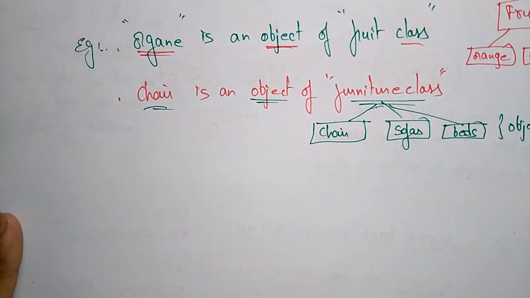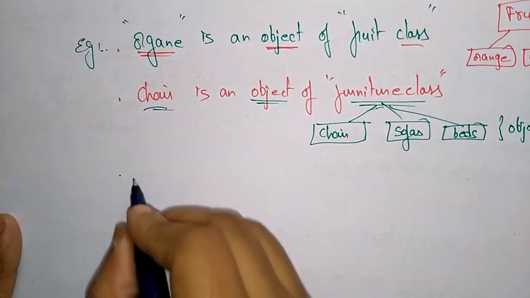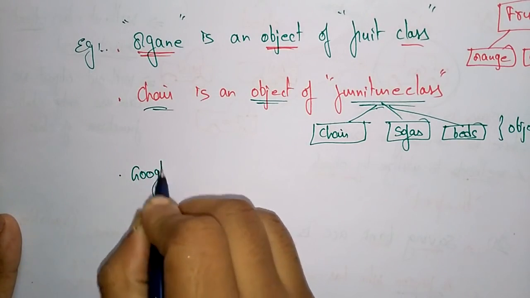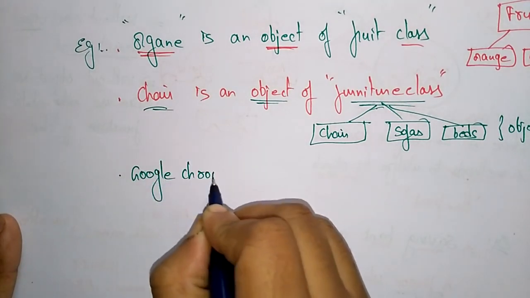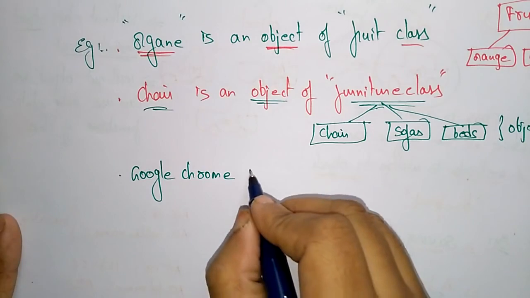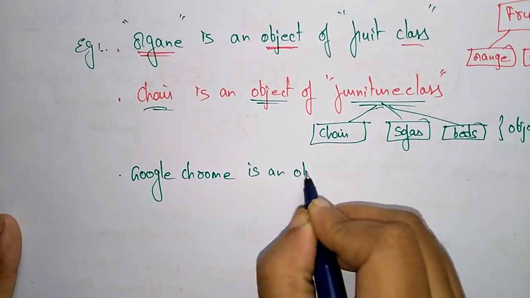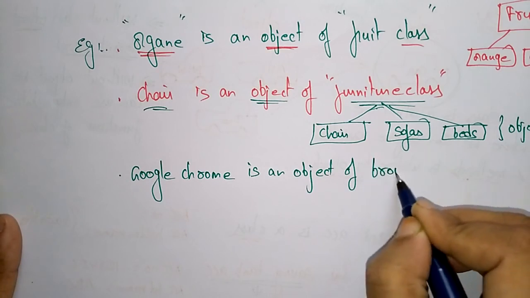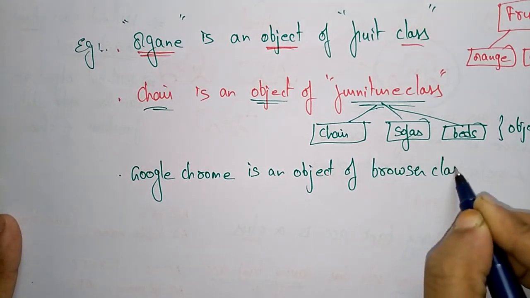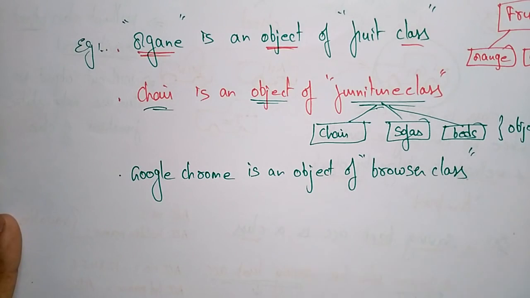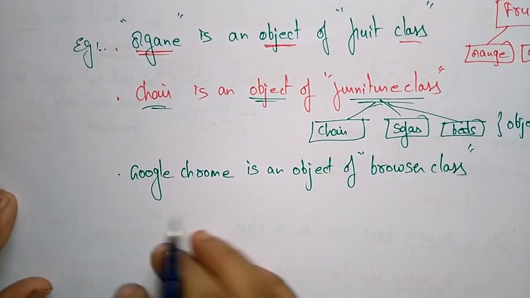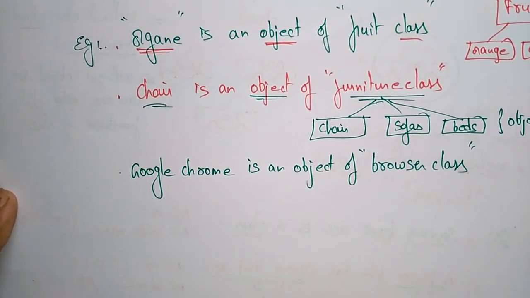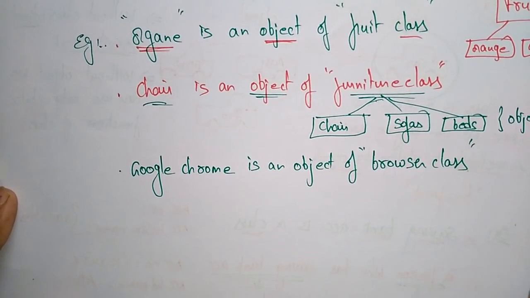Another thing, let us take Google Chrome. Everyone is definitely using Google Chrome. So Google Chrome is an object of a class. Which class? It's the browser class. So if you take any browser, in that browser you can access Google Chrome, or Internet Explorer, whatever you want, Mozilla, like that.